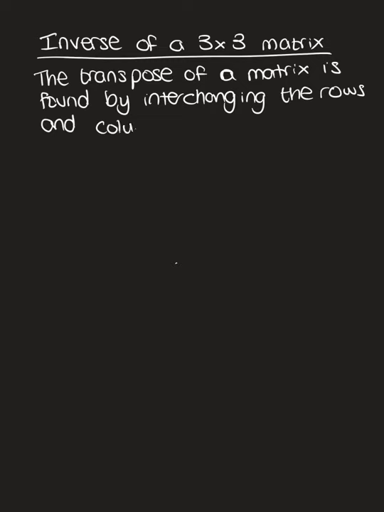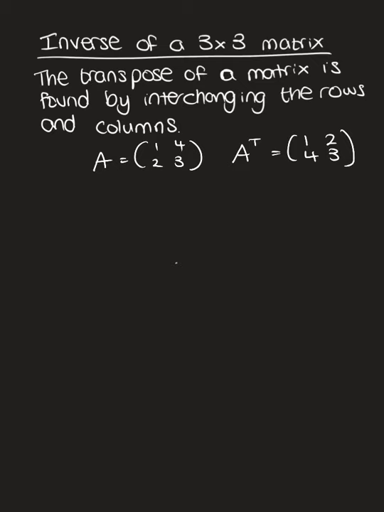You'll need to be able to do this to find it. So if, for example, I had a matrix A, which was 1, 4, 2, 3, then the transpose, I call A with a superscript of T, and that would be 1, 2, 4, 3. I've swapped the rows and columns.